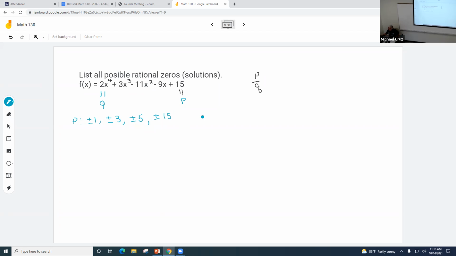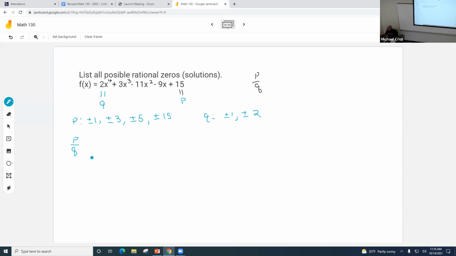Okay. In Q, it's a little bit easier because it's 2. So still, we've got plus or minus 1, and then we also have plus or minus 2. All right, so P over Q, the possibles are, we're just going to combine those into a fraction.